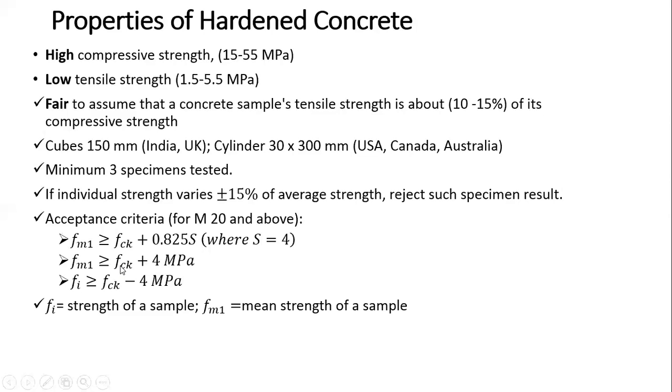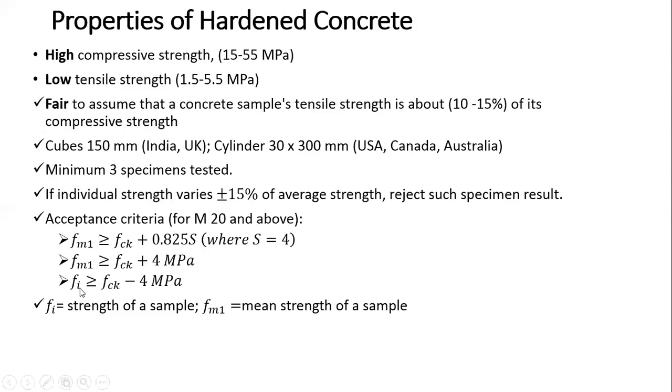The second criterion is Fck plus 4 MPa. So the mean strength should always be greater than or equal to Fck plus 4. Suppose your Fck is 20. So 20 plus 4, that is 24 MPa.